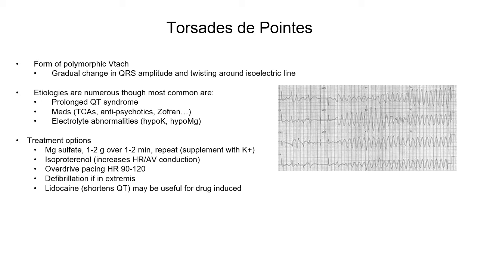Lidocaine can be used if it is drug induced; lidocaine will shorten your QT interval. But the standard of treatment is mag sulfate. So, any questions on Torsade de Pointes?